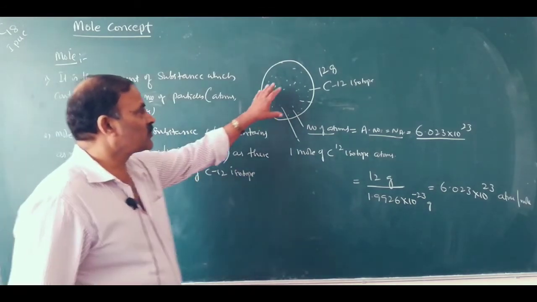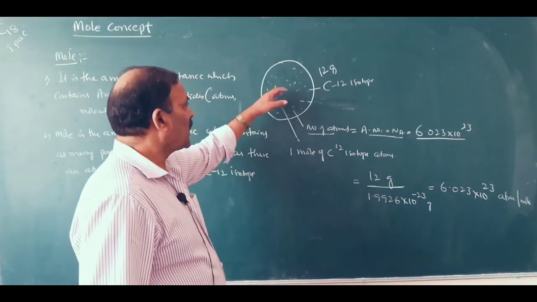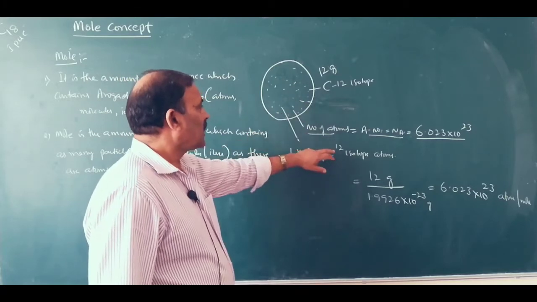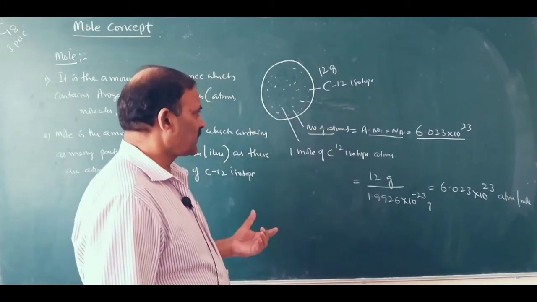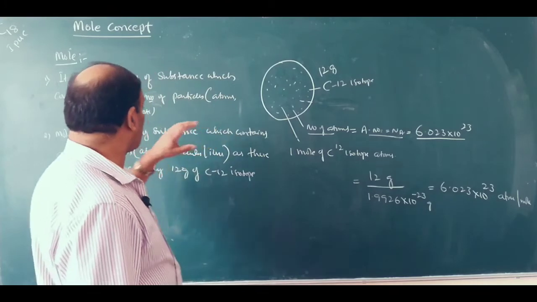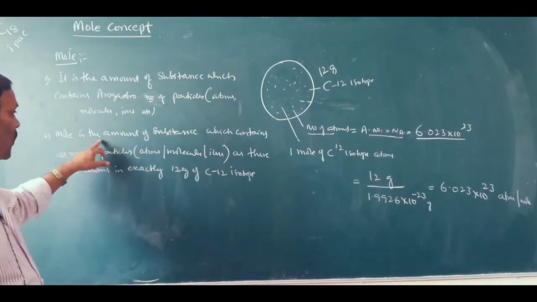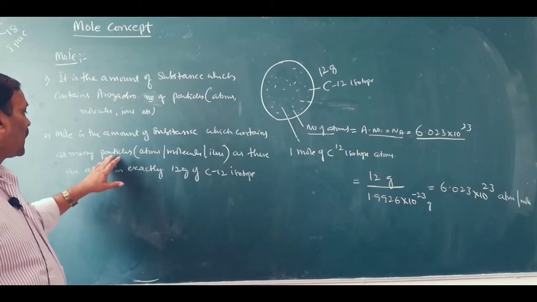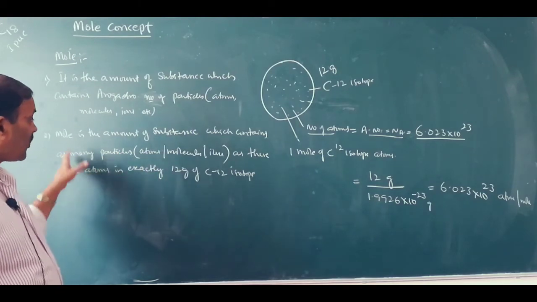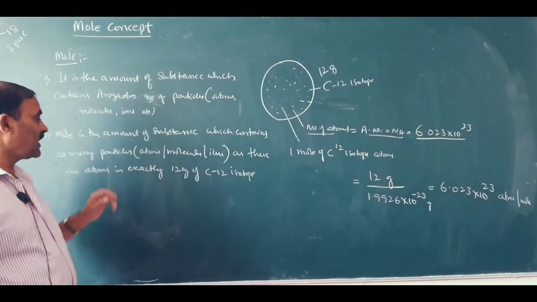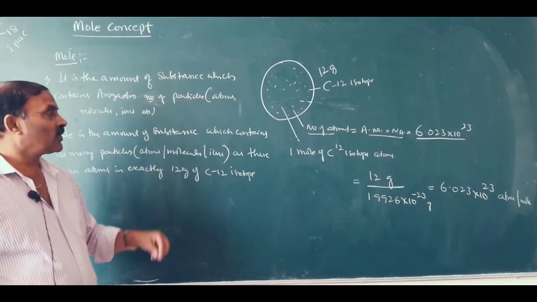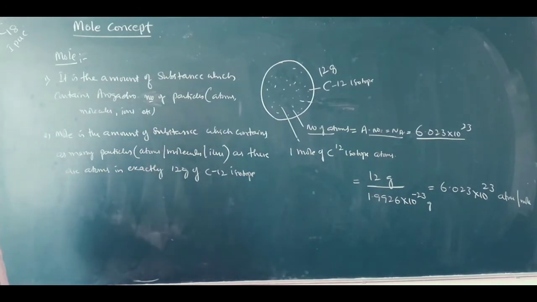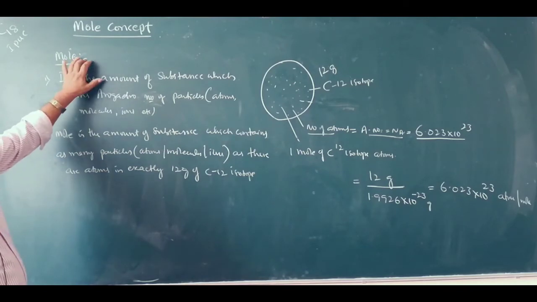Particles may be atoms, molecules or ions. So here it is 12 gram of carbon 12 isotope. It contains Avogadro number of particles. So mole is the amount of substance which contains as many particles as there are atoms in exactly 12 gram of carbon 12 isotope.